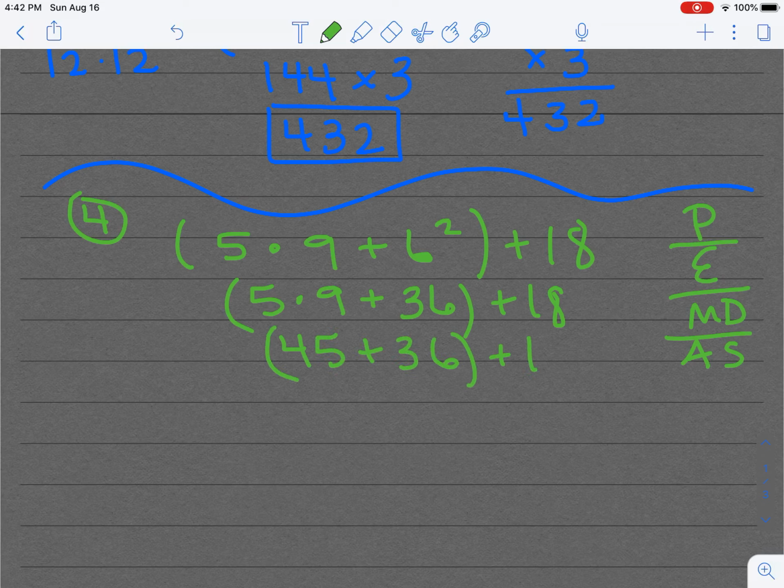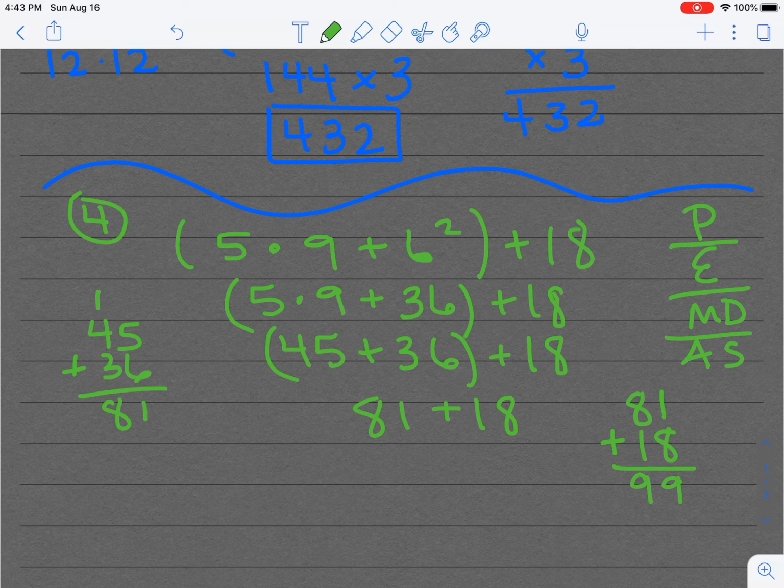Still keeping those parentheses at all times. 45 plus 36, that's 81. 81 plus 18 is my final. 81 plus 18, I'm going to do it out to the side. That's 99. And so 99 is our answer.